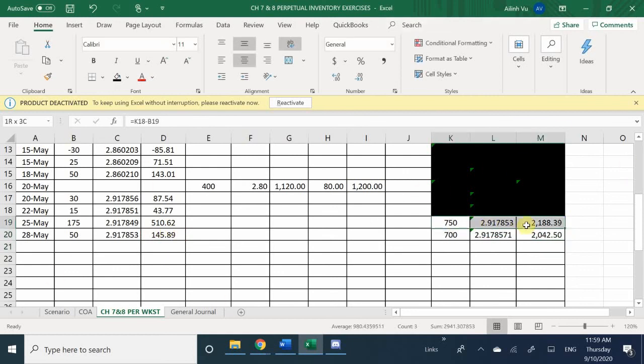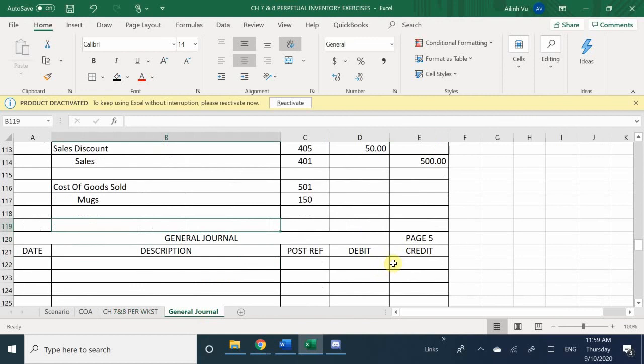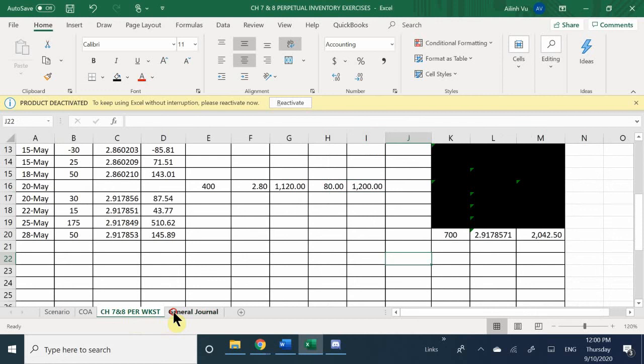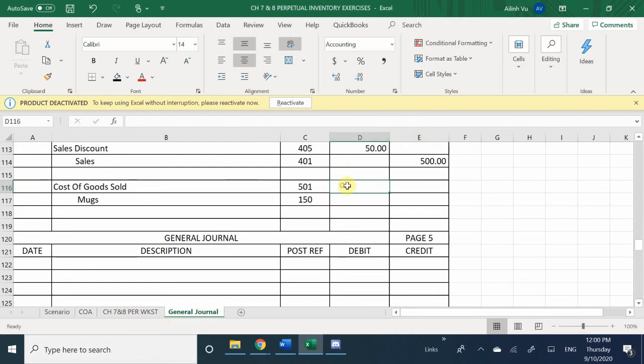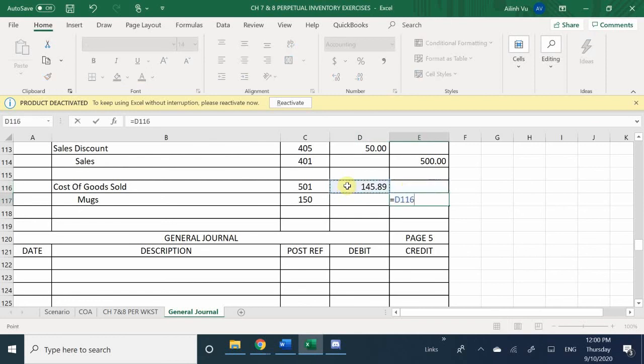Good. All right. We're going to do that. Okay, so we know that the total that we sold was $1,445.89. So we're going to indicate that here. This is going to be the same.